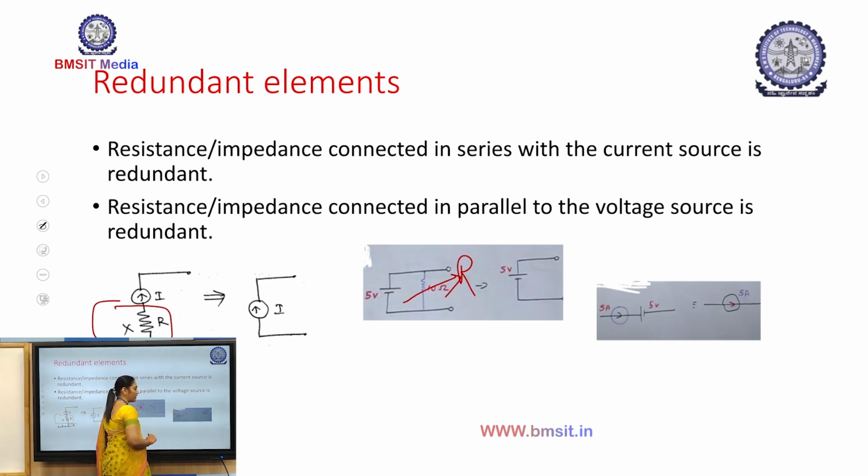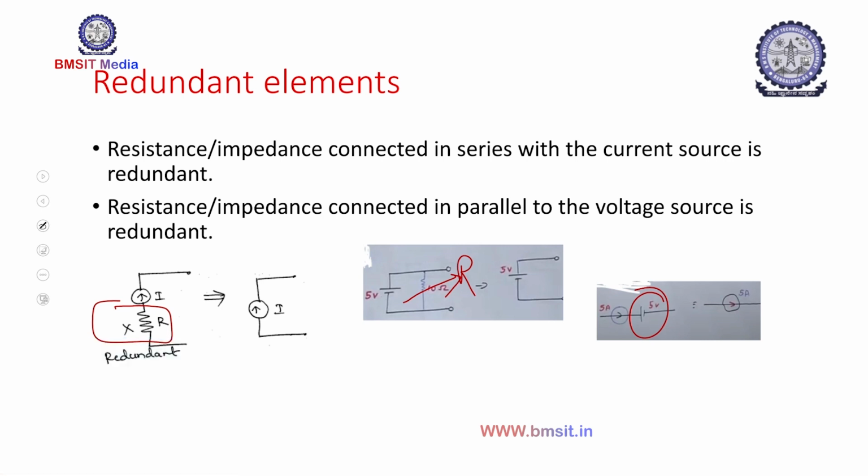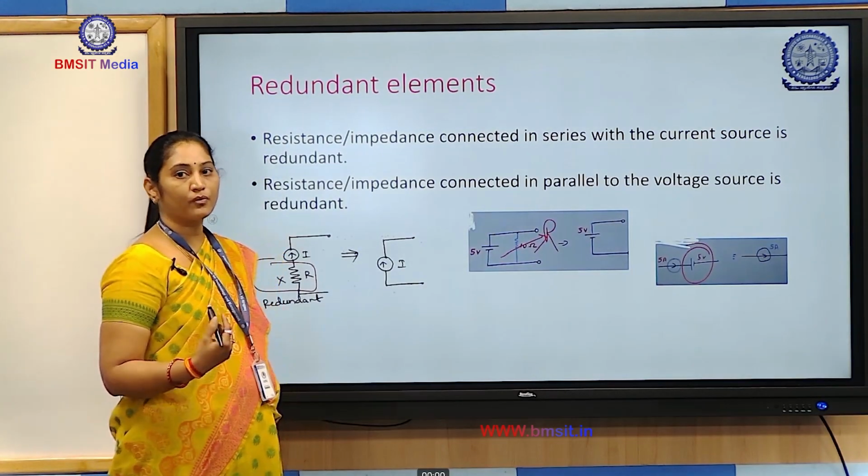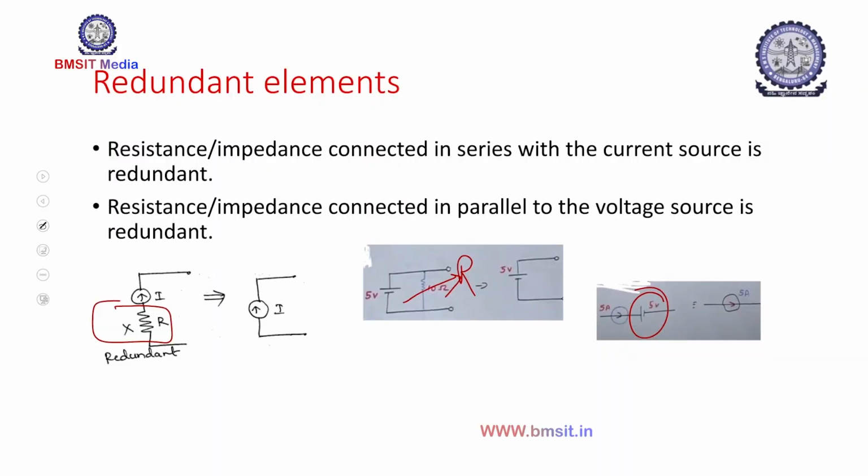Similarly, when you have a current source and a voltage source together in series, the voltage source will become redundant for that terminal. So we can replace these two sources with a single source, that is only your current source. These are the redundant elements which may be present in the network and you need to identify them before proceeding to the analysis.